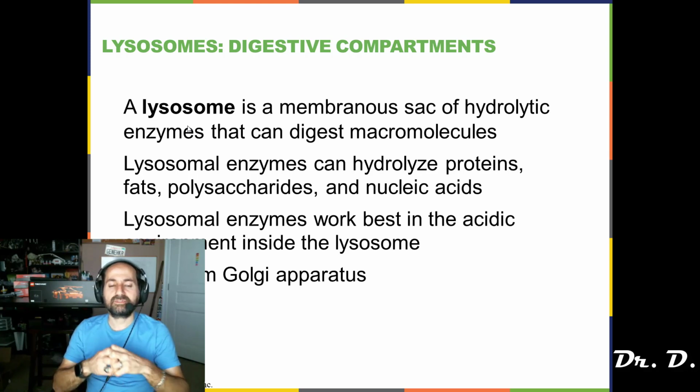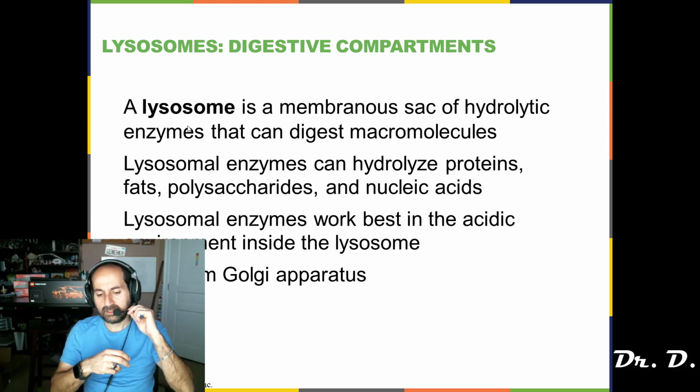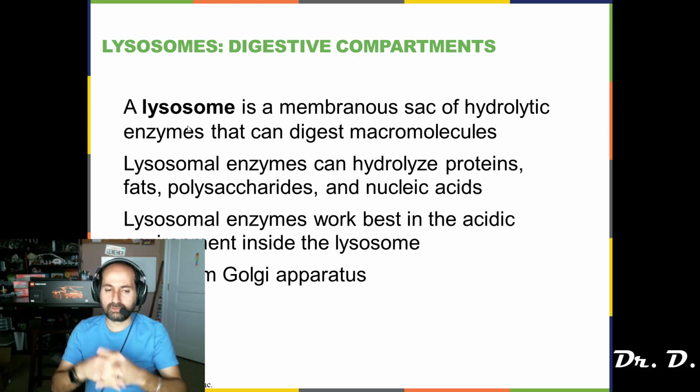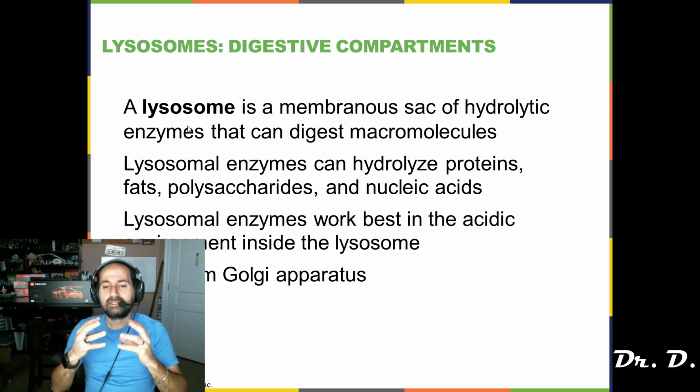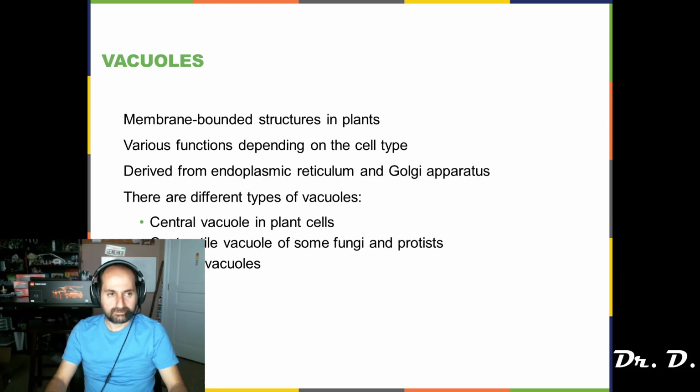These are enzymes that break down macromolecules. And whenever the cell would like to break down macromolecules such as proteins or polysaccharides or whatnot, it can break them down using the lysosome. Okay, so you could think of it as the digestive organelle of the cell.